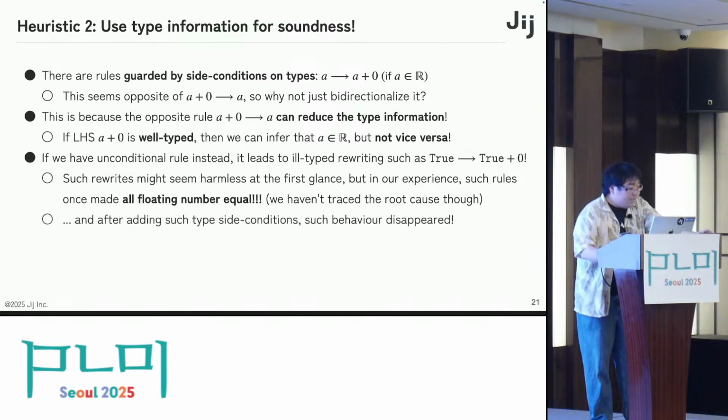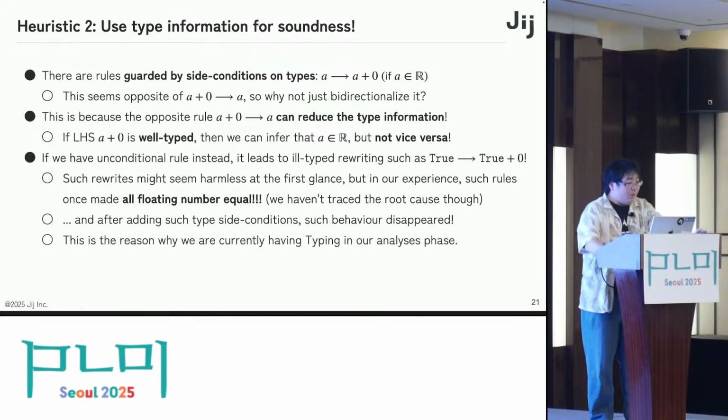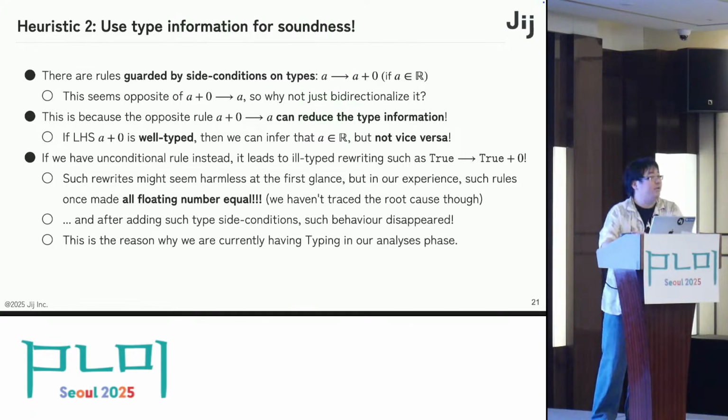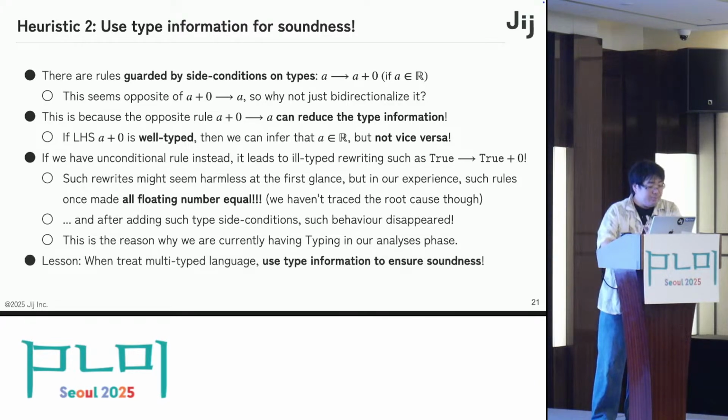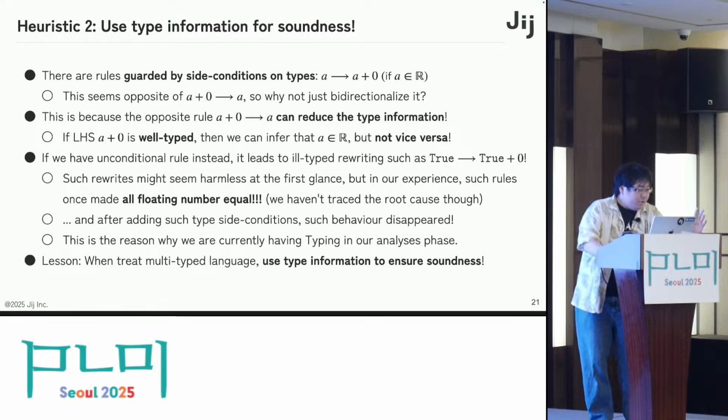And after adding such side conditions, such behavior disappeared. This is the reason why we are currently having typing in our analysis phase. So lesson: when treating a multi-typed language, use type information to ensure soundness.